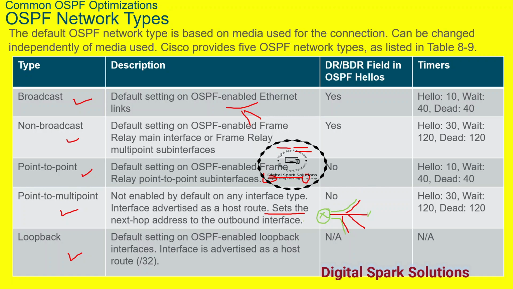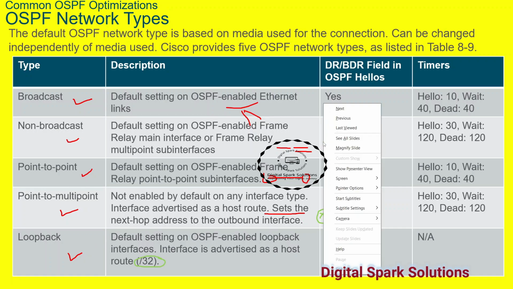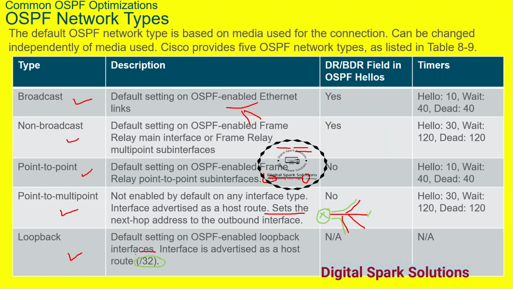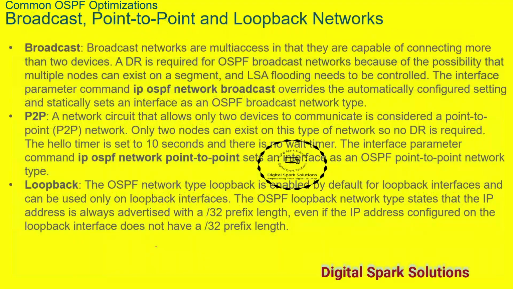And then we have loopback. Default setting on OSPF enabled loopback interface is advertised as the host route with /32 subnet. This must be noted, that for the loopback a /32 subnet is used.